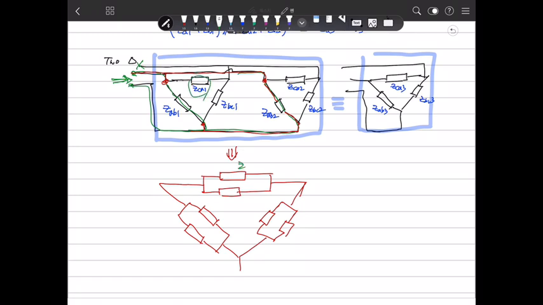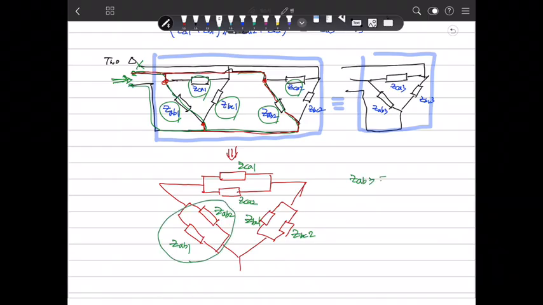This is GCA1, GCA2. This is GAB1, GAB2. This is GBC1. This is GBC2. So therefore, GAB3 is the same as that.